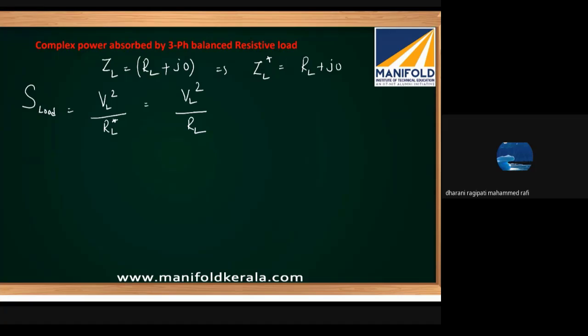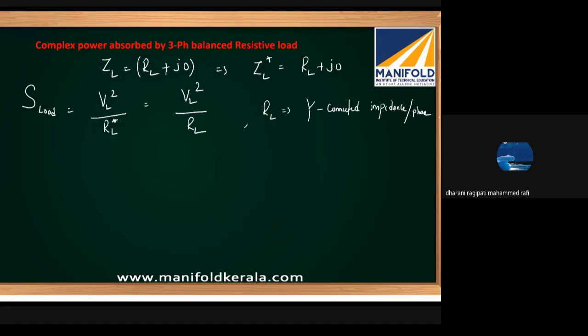So the complex power absorbed by the load will be V_L square by R_L, where R_L is the star connected impedance per phase.